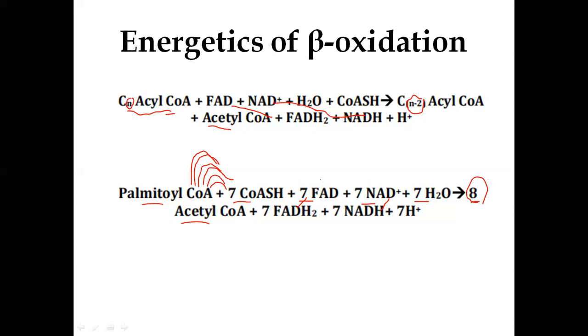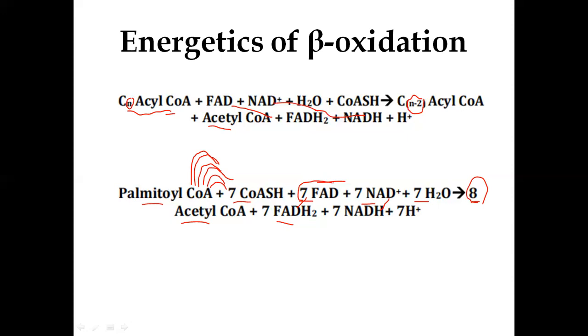So all these oxidized FAD and NAD will be reduced to their respective reducing powers, due to which you will find the formation of 7 FADH2 and 7 NADH2. Now these energy rich reducing powers have the energy. So when they are oxidized in the electron transport chain, they release energy.